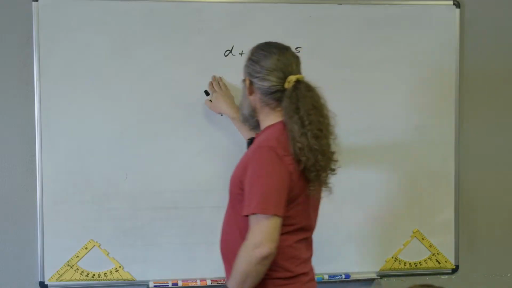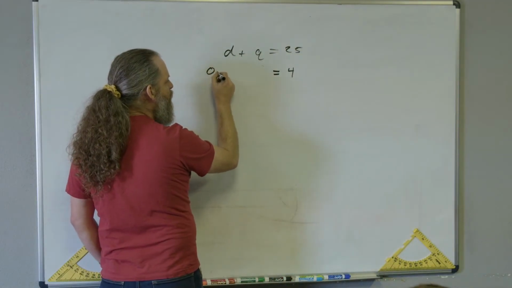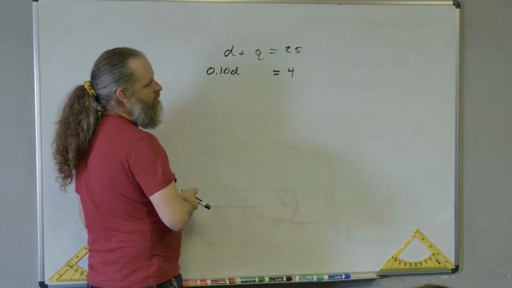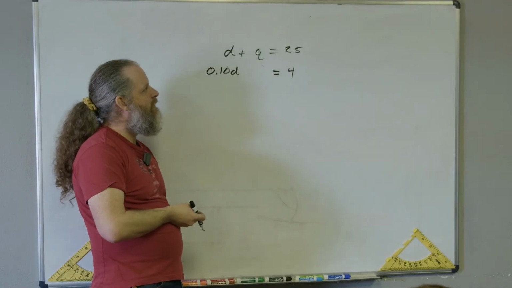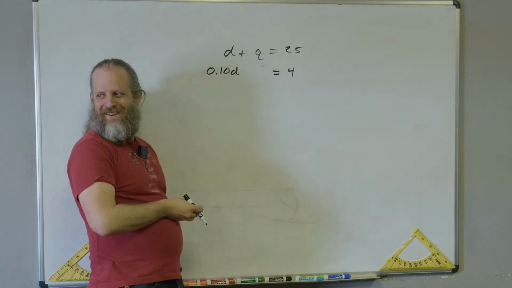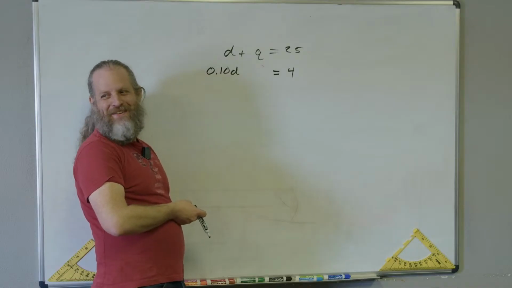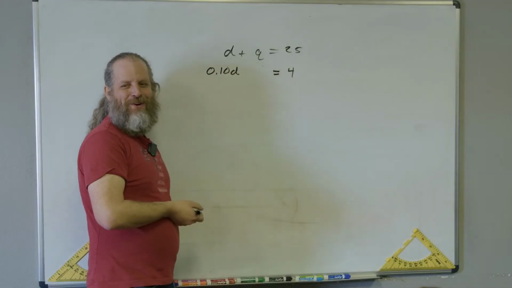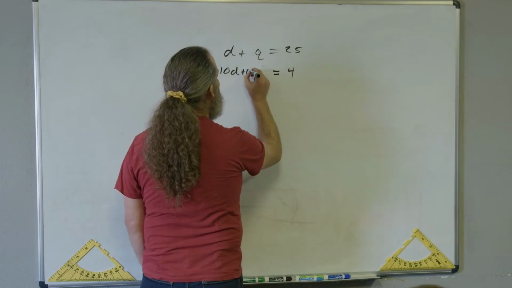Okay, if I make this in dollars, a dime is 10 cents, so 0.10, right? What about quarters? What's he going to be? Why are you saying 78? What are you even talking about? How much is a quarter? 25 cents, so 0.25.